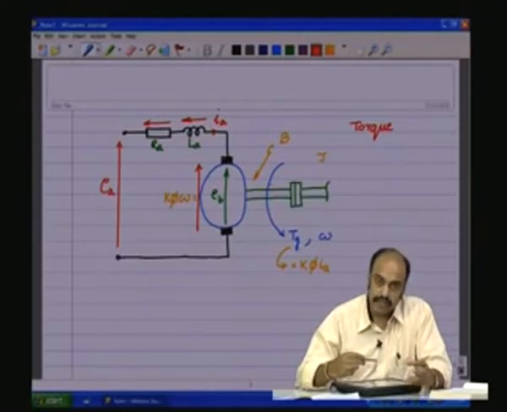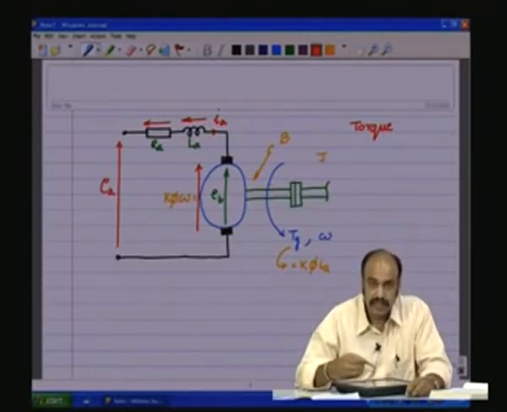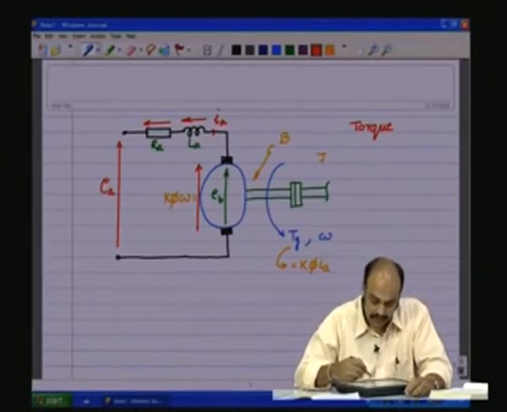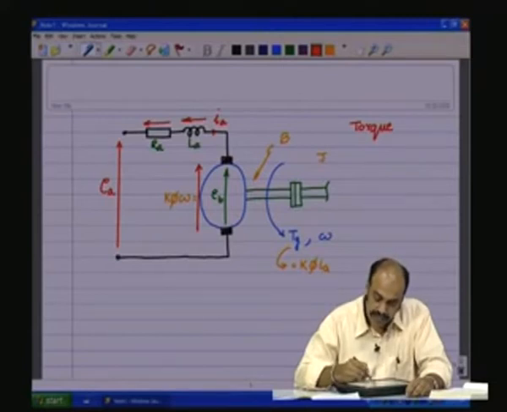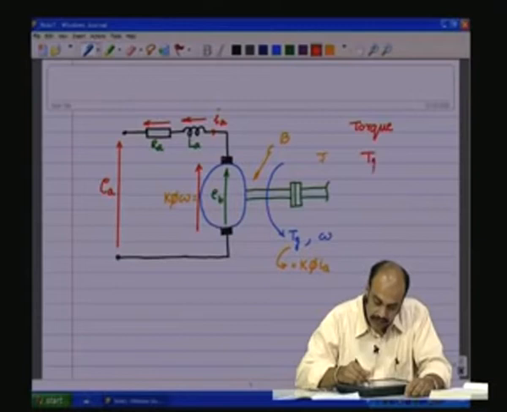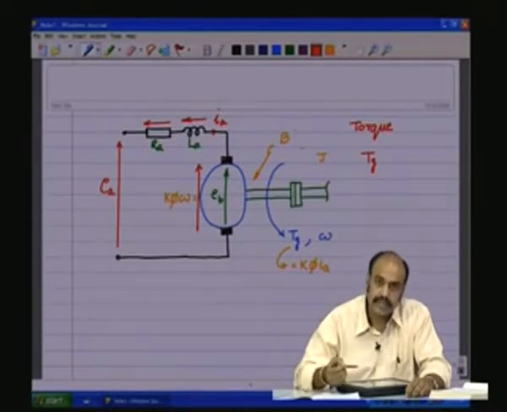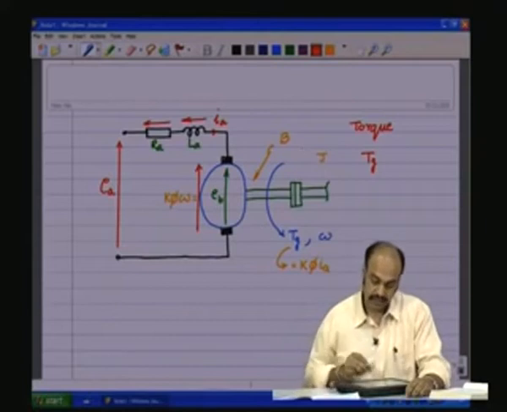The sum of the potentials, which means in this case the torque, should be equal to 0, like Kirchhoff's voltage law. So, the generated torque TG should supply J d omega by dt and also B omega, and if there is any other load torque, that component also.